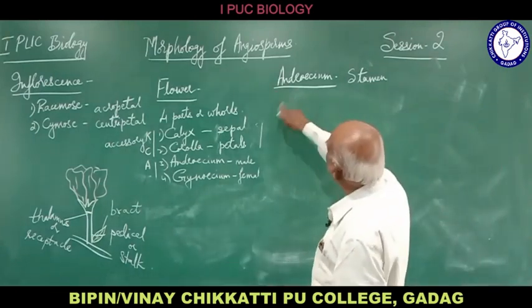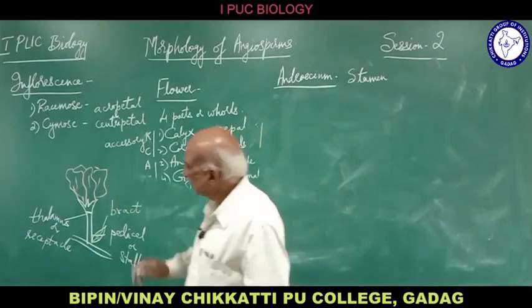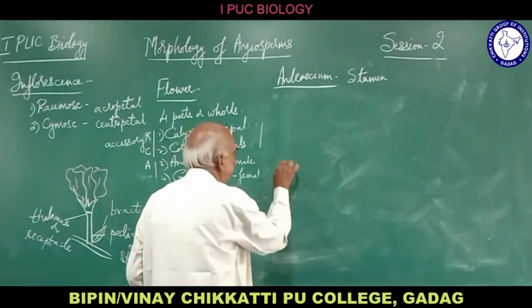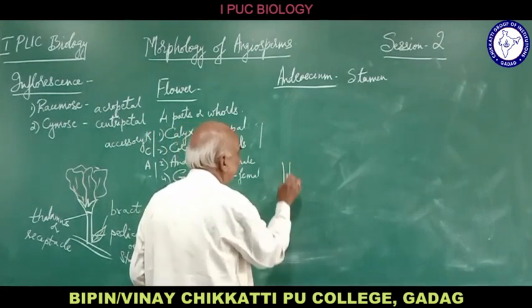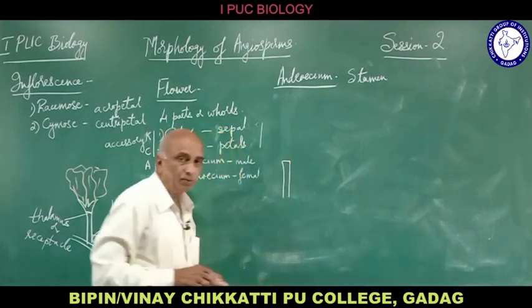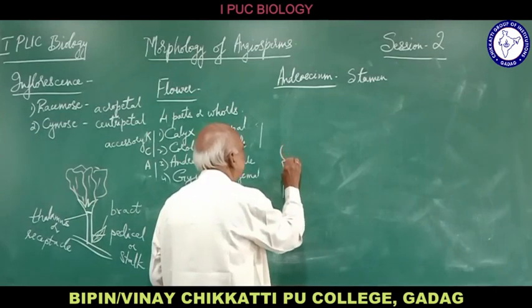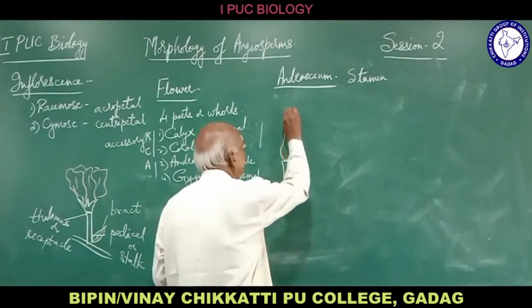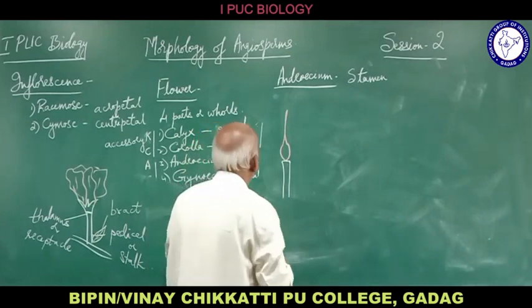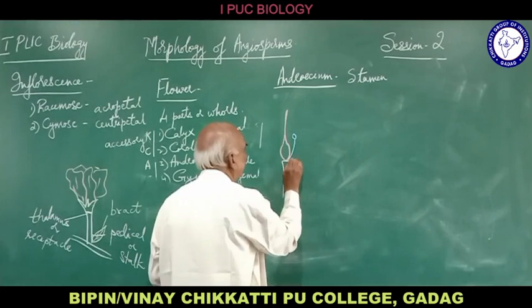Now coming to the androecium. Suppose the calyx and corolla are removed in a flower, only the gynoecium and the androecium are left. So this is the gynoecium part of the flower, and this is the androecium part of the flower.